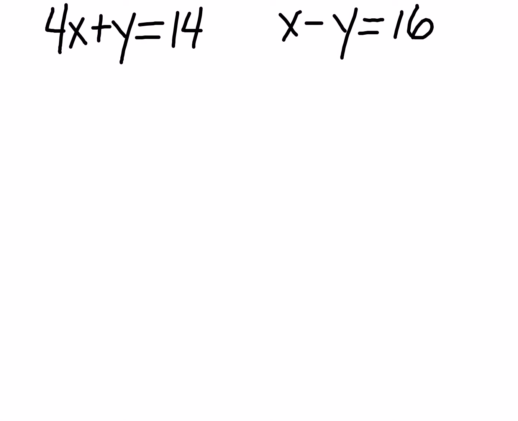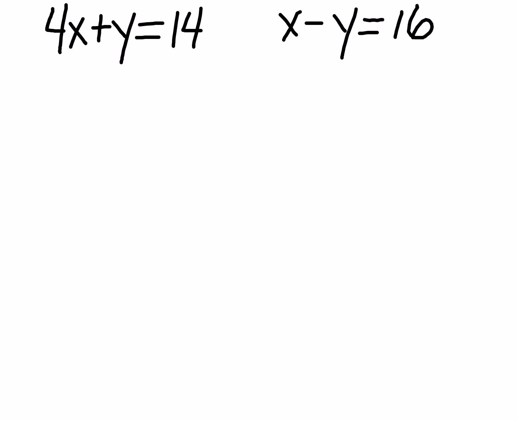Going back to that first example again, we're going to now apply the substitution method. When you do the substitution method, you want to figure out which variable would be the easiest to solve for. You have two equations. On this first equation, I think that the y would be the easiest to isolate.